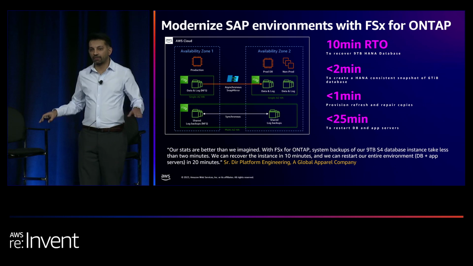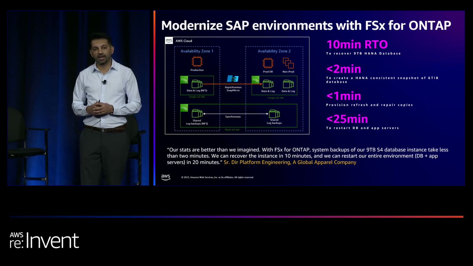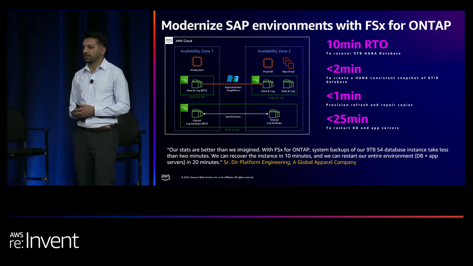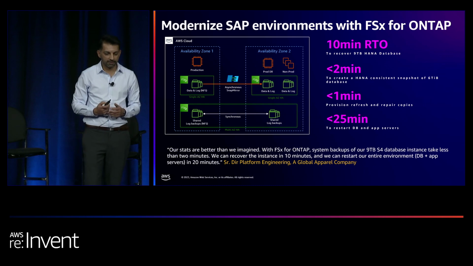Again, taking care of all the availability that is needed, yet not putting that burden on the customer to architect for it, and still being able to take advantage of all the data protection features and the data efficiency features, to bring down their cost while helping them meet their very high SLA requirements.